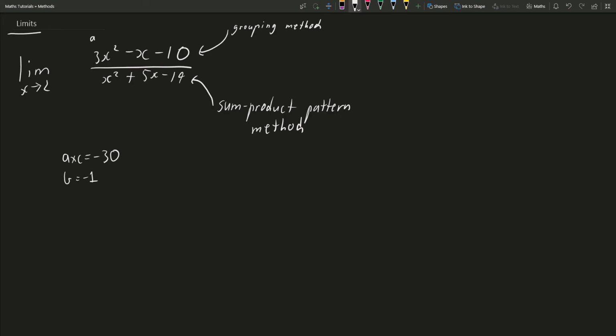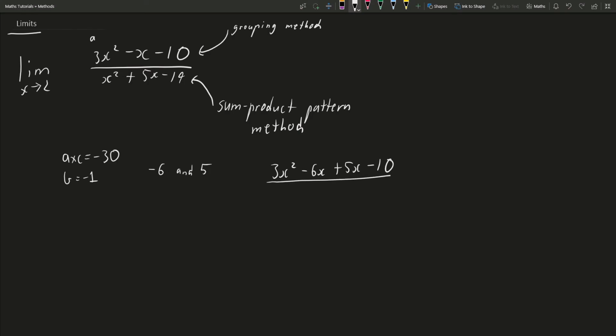In this case, that's negative 6 and 5. So we're going to rewrite this now with that middle term split: 3x squared minus 6x plus 5x. So we still have negative x when you add those together, but it's now separated.